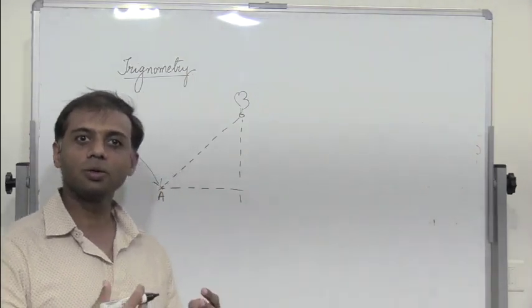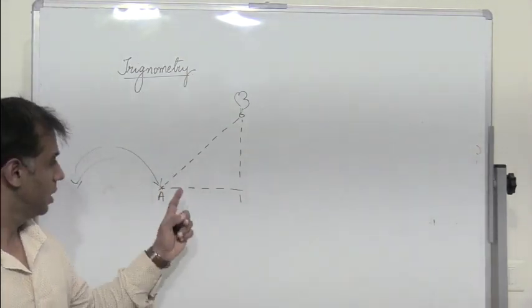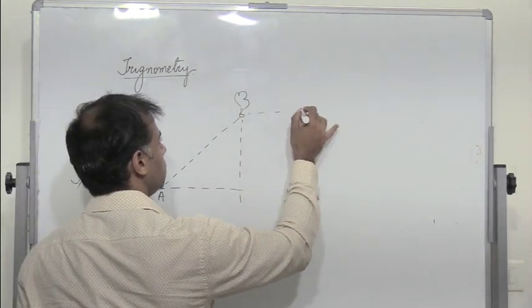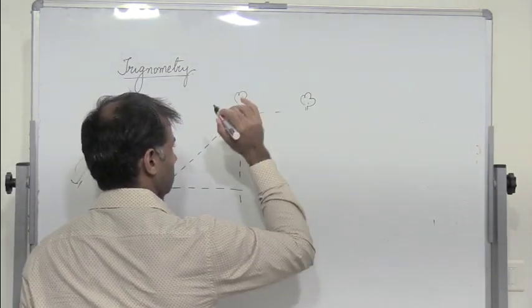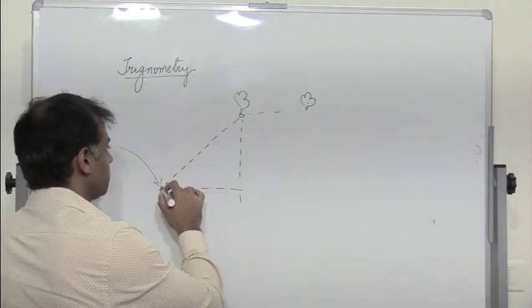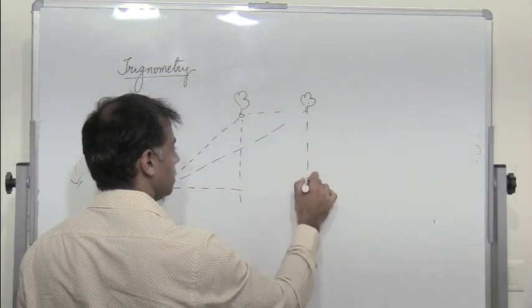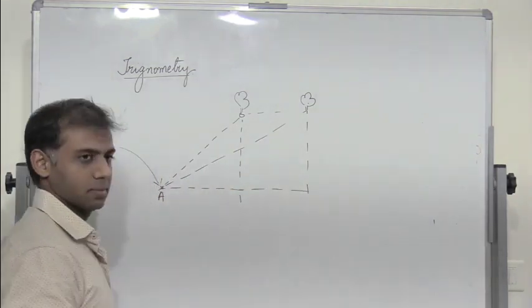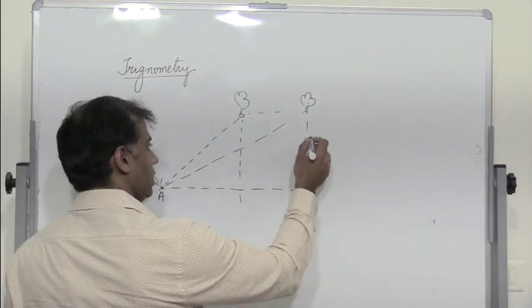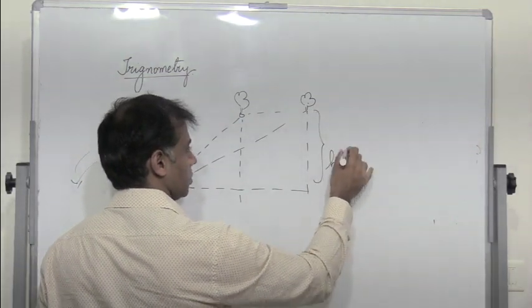So by the time she goes and comes back with her mom and stands here at the same place A, this air balloon would have moved here, okay, right? So now this again forms another right angled triangle, right? So is it possible to find out the height of the air balloon?